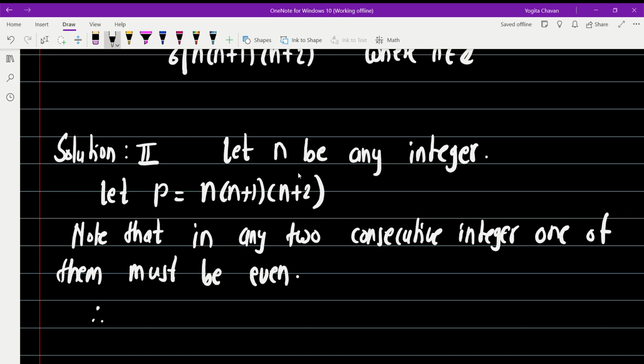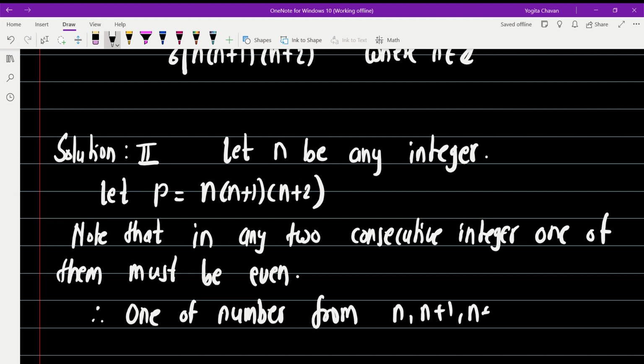Therefore, one of the numbers from n, n plus 1, n plus 2 must be even.